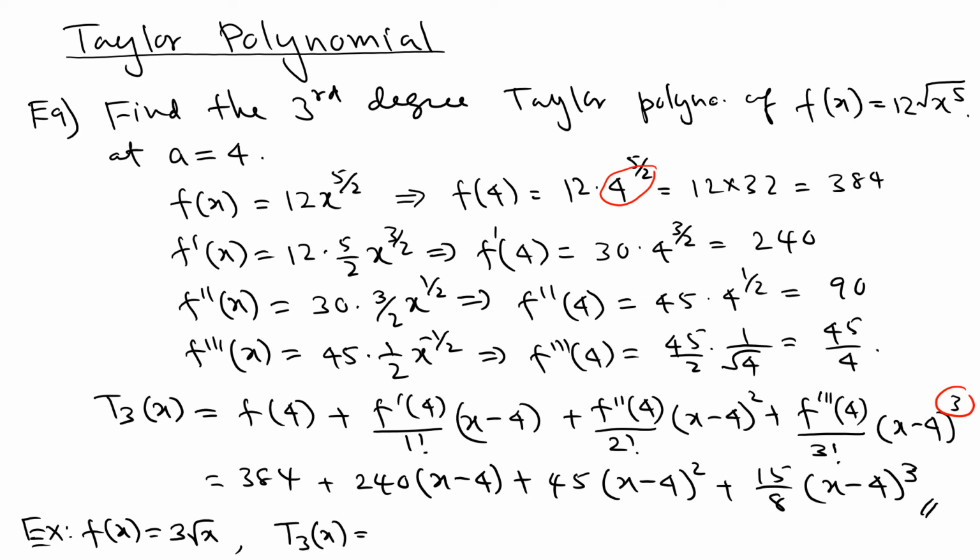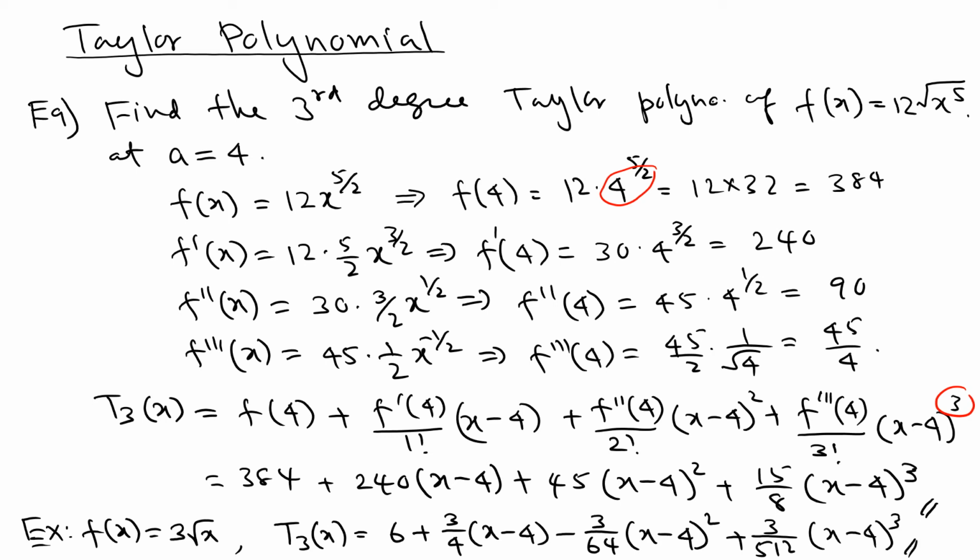You should get 6 plus 3/4 x minus 4 minus 3 over 64 x minus 4 squared plus 3 over 512 x minus 4 cube. See whether you get this as the answer for the third degree Taylor polynomial of this function.